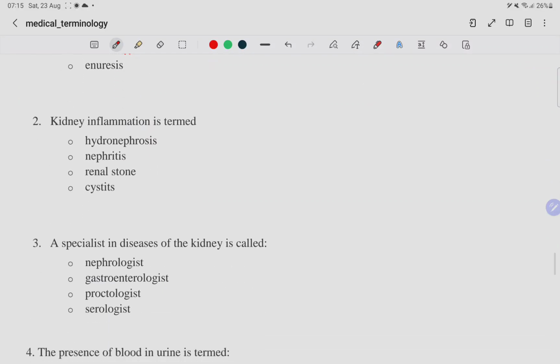Okay, kidney inflammation is termed nephritis. Hydronephrosis is an abnormal collection of water. Renal stone is calculi, and cystitis is inflammation of the bladder.